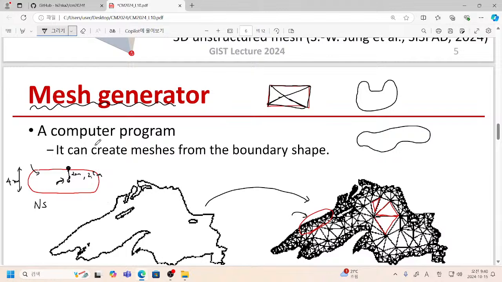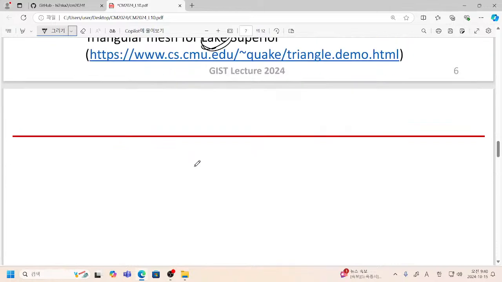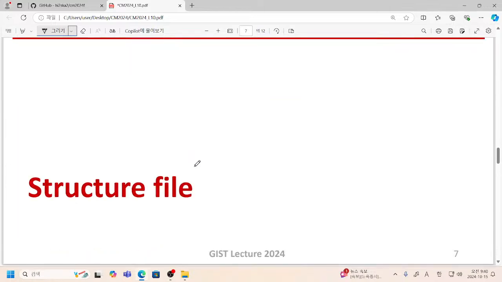But we will not talk about how to generate meshes. This is a highly specialized field, and we are not experts on this topic. So we will leave it to the specialists, and we will assume that by some means we already have well described meshes for our structure of interest. Now let's go to how we can treat this already generated structure file.